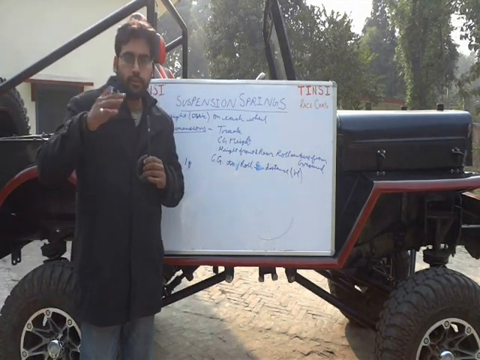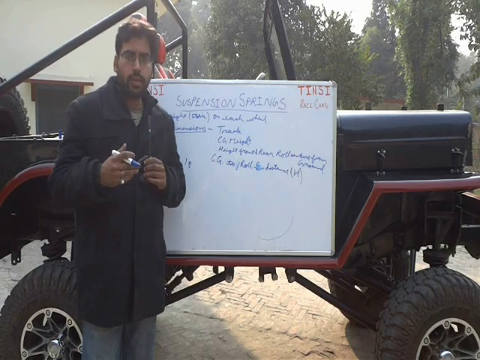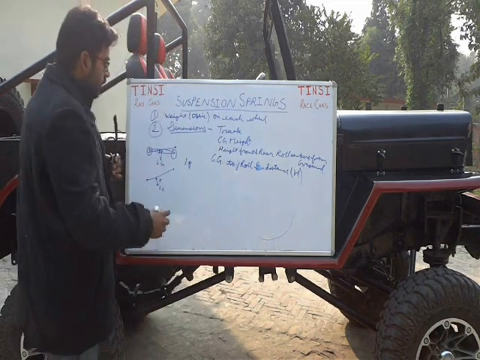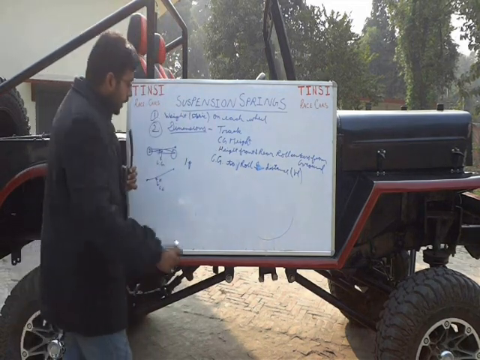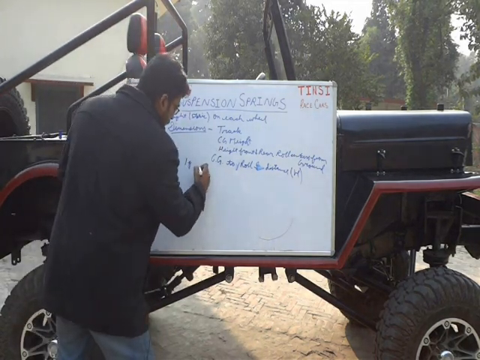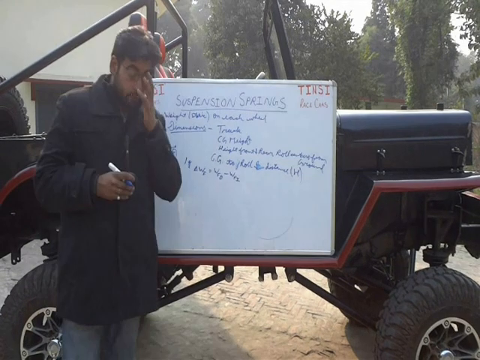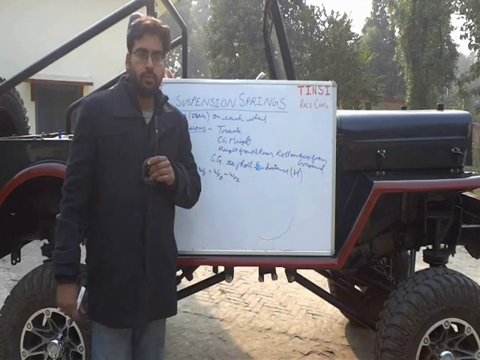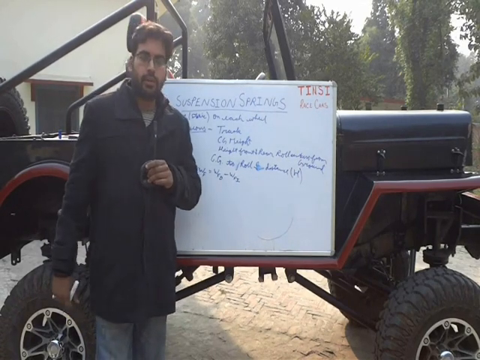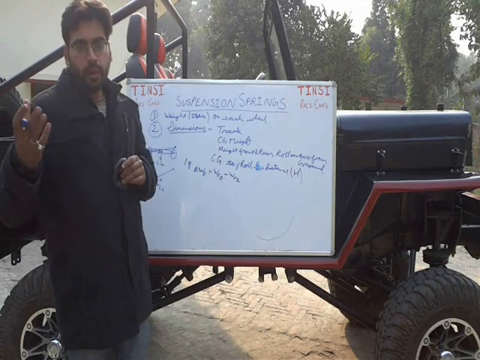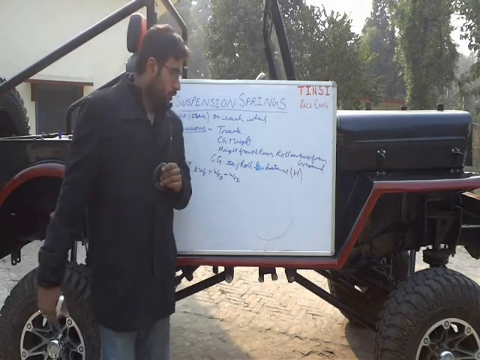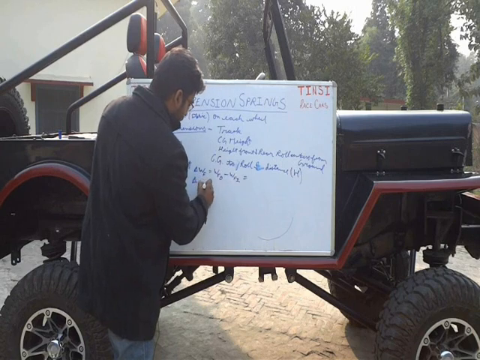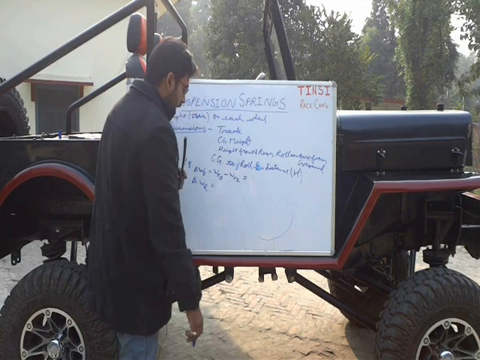There is no acceleration of the car, so we are not going for longitudinal load transfer. So at 1 G, what I require is the weight delta W at 1 G, taking the front axle. The load change that will be experienced is the weight of the outer tire minus the weight of the inner tire. Get this value. Then we require delta W on the rear. Get this value.